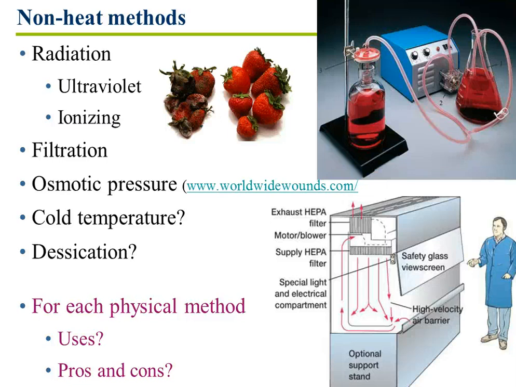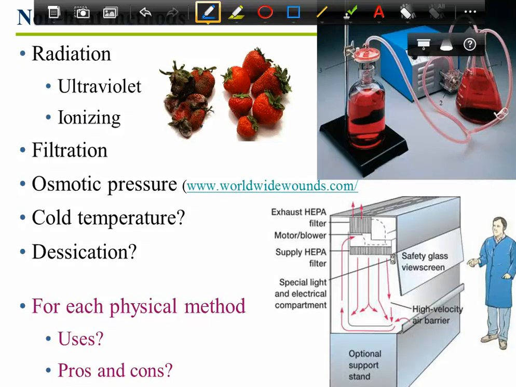There are some air purifiers that have HEPA filters. Also you can filter fluids, like beers are often filtered. You can also filter solutions that cannot be heated. So up at the top right picture, you see a solution going through tubing and it's being filtered, there's a special filter right in here.